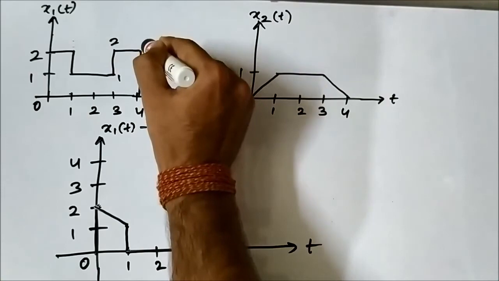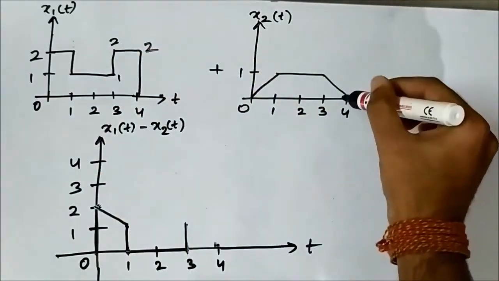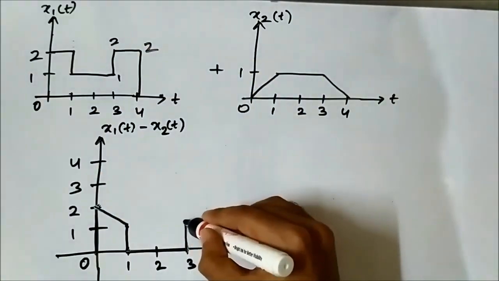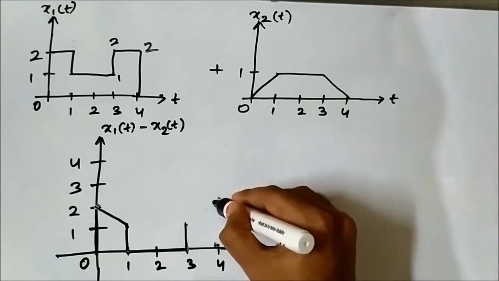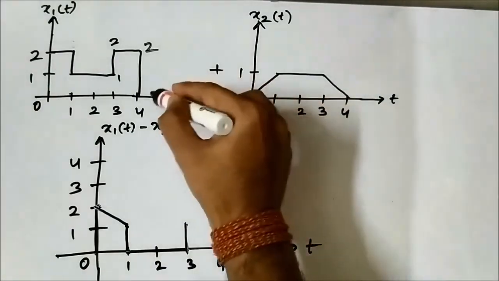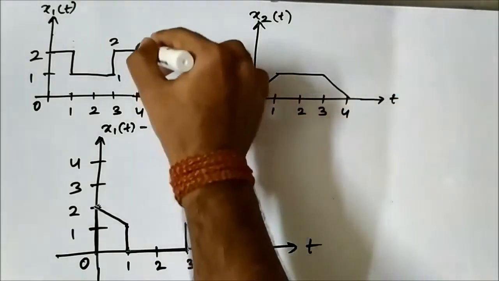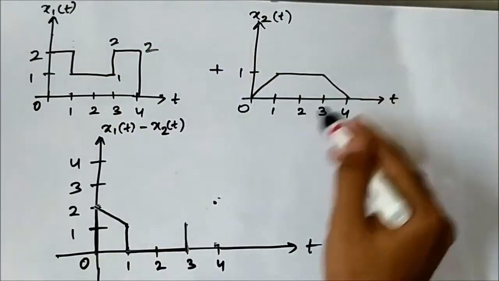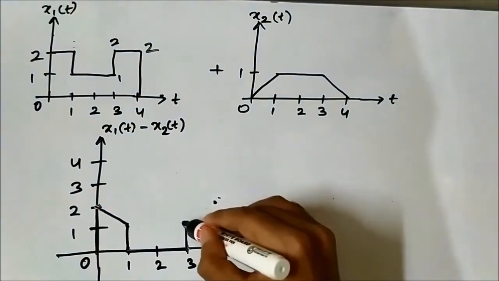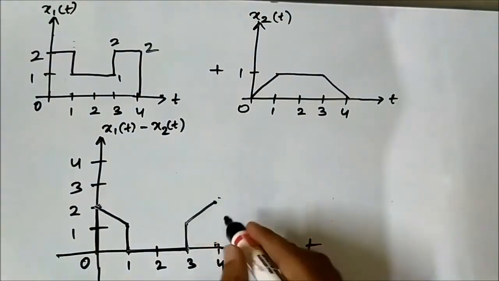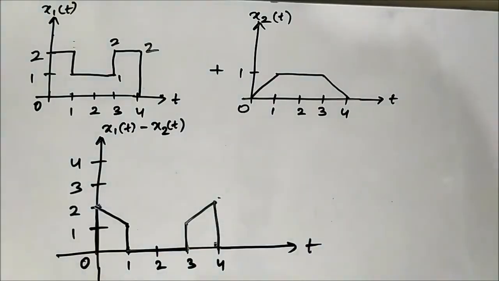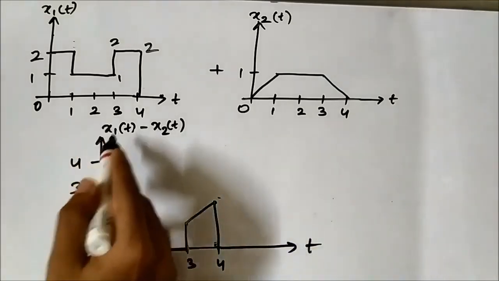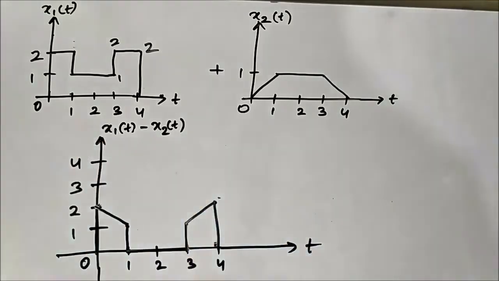So for 2 minus 0, it will be 2, at 4. And finally it is also 0 because of the downward transition, so 0 minus 0 is 0. So it will be like this. Okay, this is the final waveform of x1(t) minus x2(t).